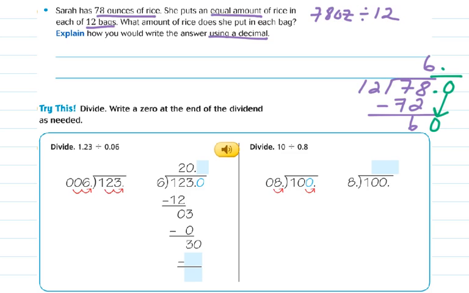So now we have 60 divided by 12. Well, we know 60 divided by 12 is 5, and 5 times 12 is 60. So we have 0 left over. So what we would say is that 6 5/10 ounces is our answer.